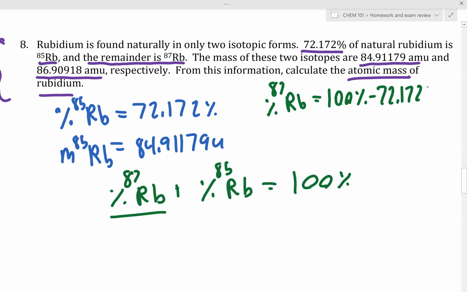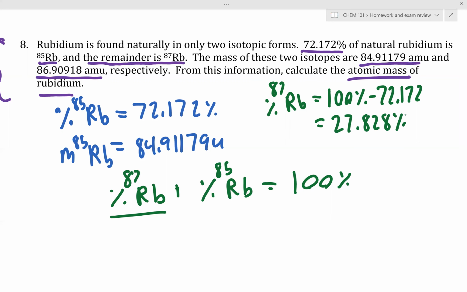And if we punch that into the calculator, we get a total of 27.828%. Everyone okay so far? Okay.